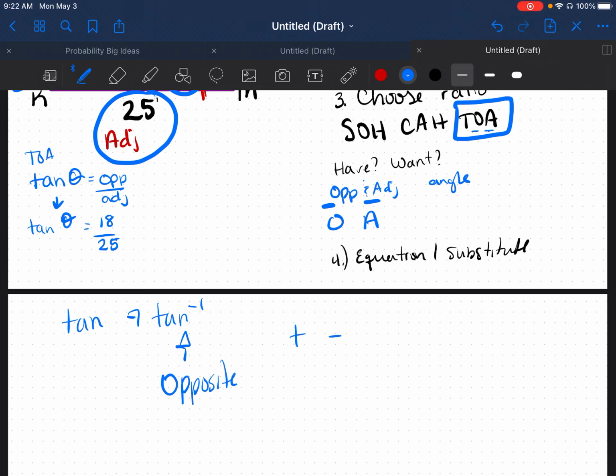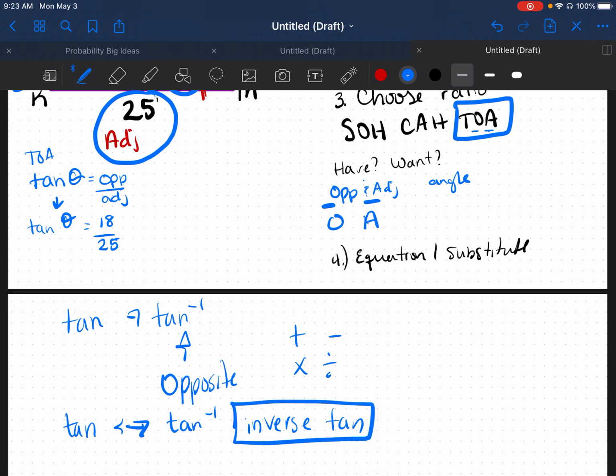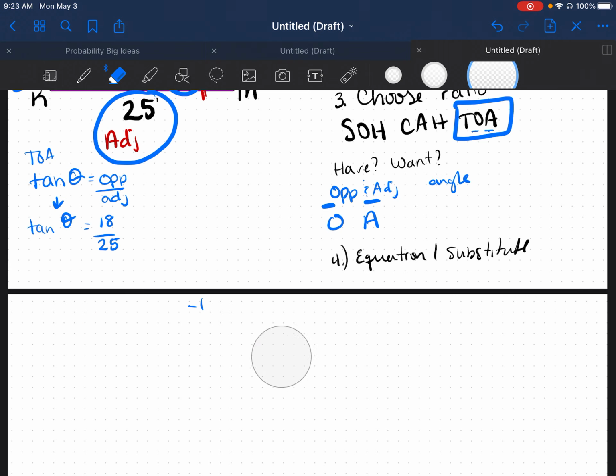Kind of like add and subtract are opposites, or multiply and divide. So I have tan and inverse tan. So I am going to use this to solve.